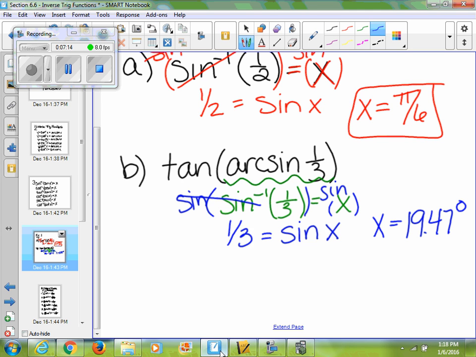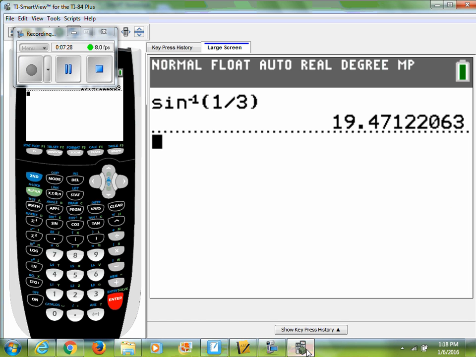And then the second part of that was finding the tangent of that arc sine. So I'm going to find the tangent of that 19.47 degrees. And since 19.47 degrees isn't on your unit circle because it's not an even value, we'll just go back to our graphing calculator and do tangent of 19.47.